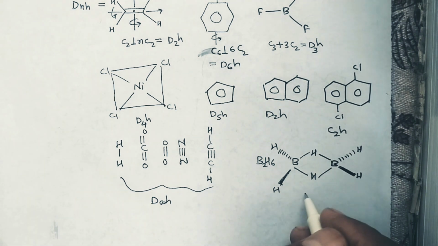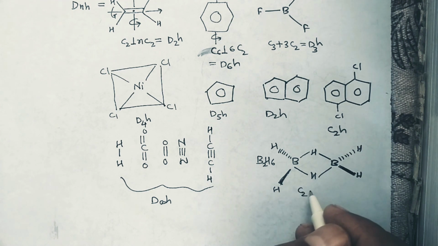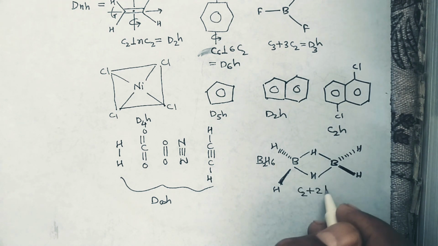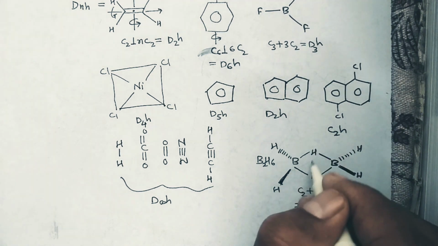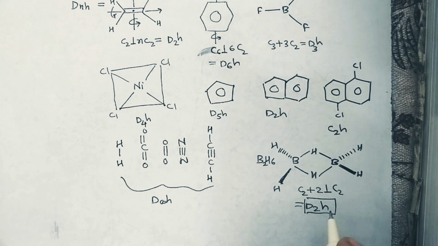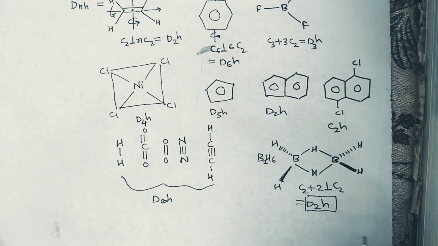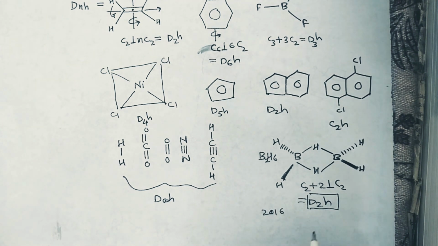Therefore, it has a C2 axis plus 2 perpendicular C2 axes. Therefore, the point group is D2, and it contains one horizontal plane through these 2 hydrogen atoms, therefore the point group is D2h. This was a 4-mark question in the CSIR NET 2016 exam.